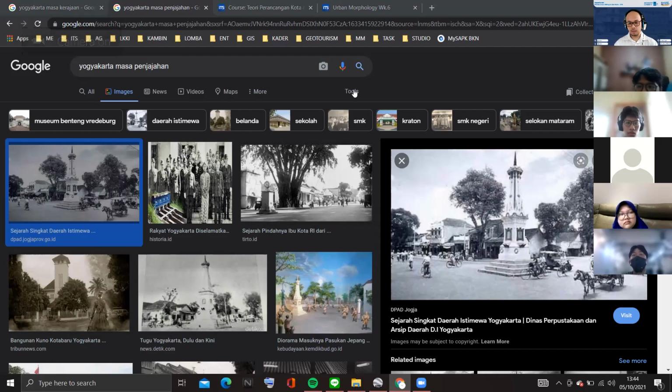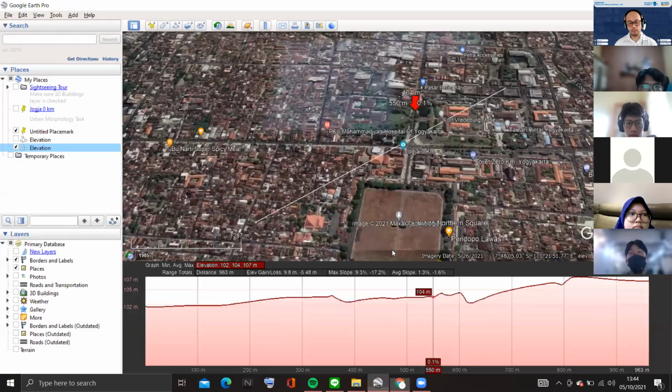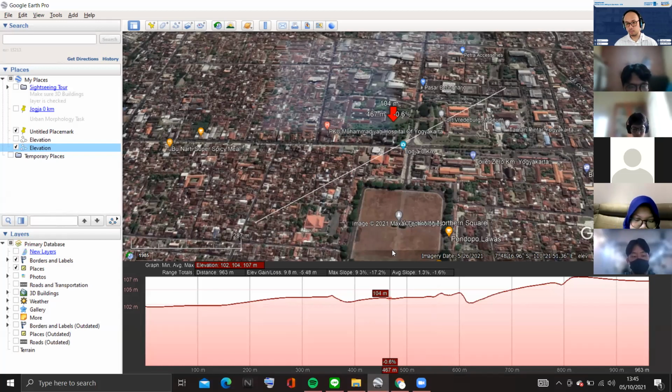Do the other groups also have difficulties finding images from the pre-colonial era? Other groups?